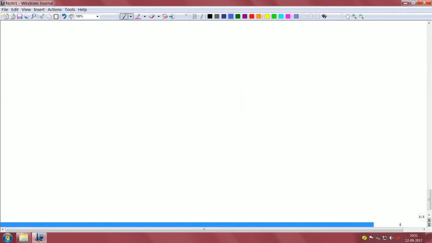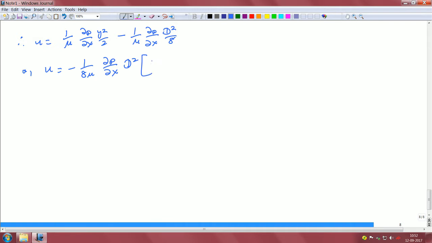Now, your total u therefore becomes 1 over mu dp by dx y square by 2 minus 1 over mu dp by dx d square by 8, or u is equal to minus 1 over 8 mu dp by dx d square into (1 minus (y by d by 2) square). Okay.